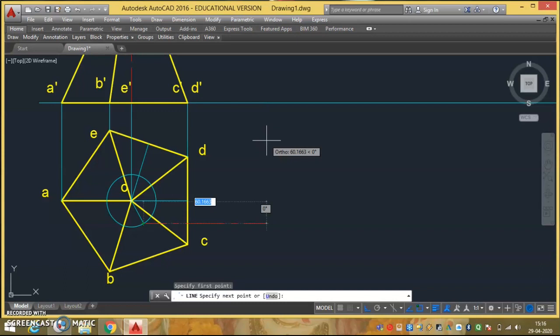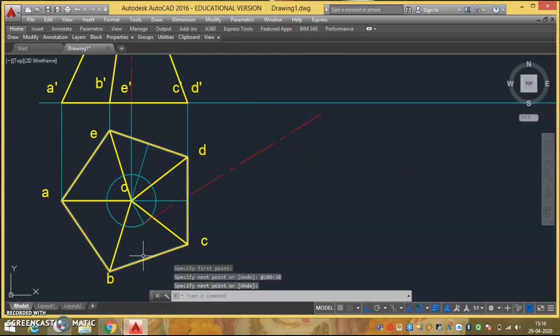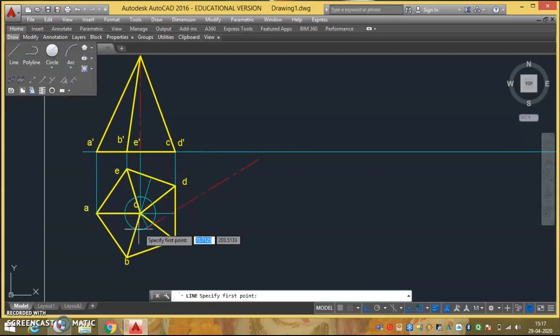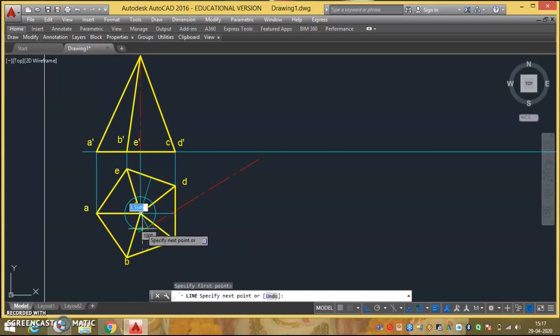Suppose I consider this as 100 at 30. So I get this at 30 degrees. The same line I can extend on the other side, or I can draw one more line here, no problem. Line command, or I can extend that. So you can basically draw this line perpendicular to this 60 degree line.